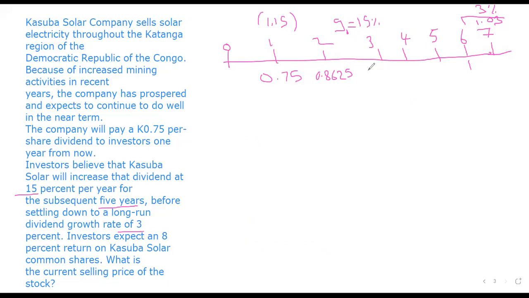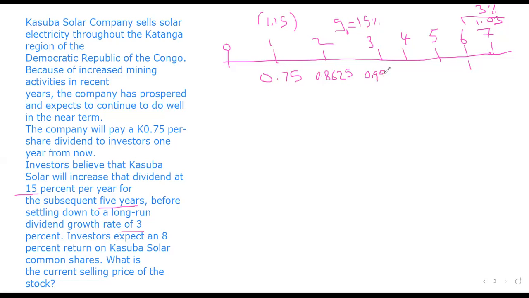Then here next, what are we having? So this answer times 1.15, what are you getting? It's 0.99.